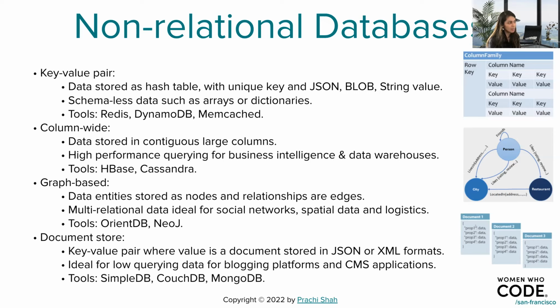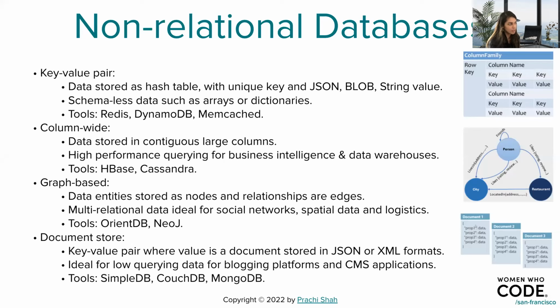This kind of database is ideal for social networks, spatial data or logistics, because you have multiple relationships between different data points. If you look at the diagram to the right, we have 3 nodes, person, city, restaurant, and each edge defines a different relationship between these entities. So the graph data structure is best for such a use case.